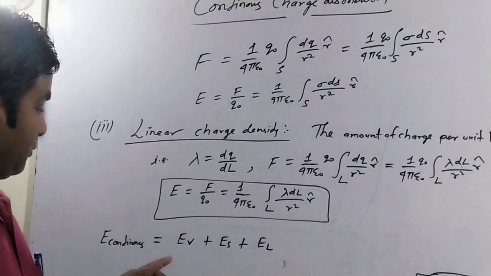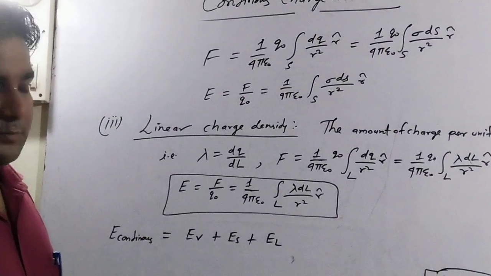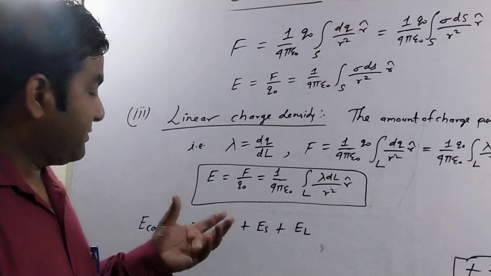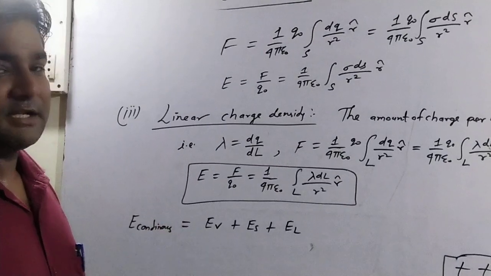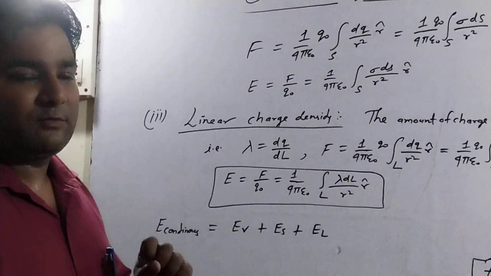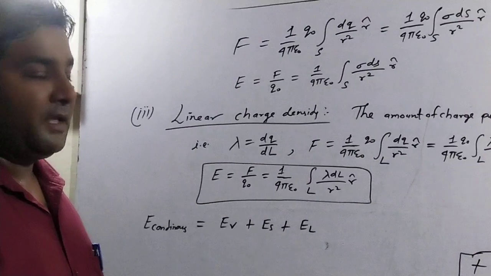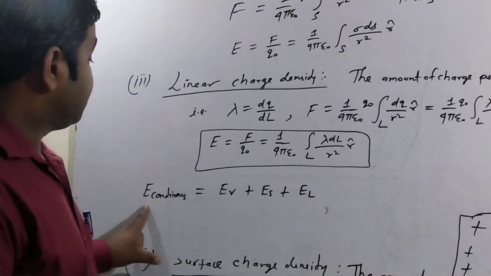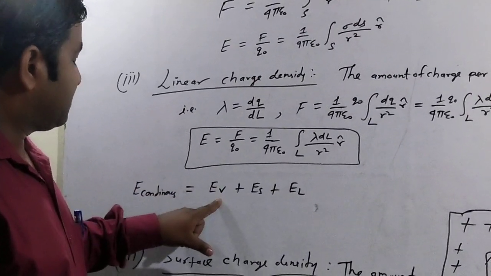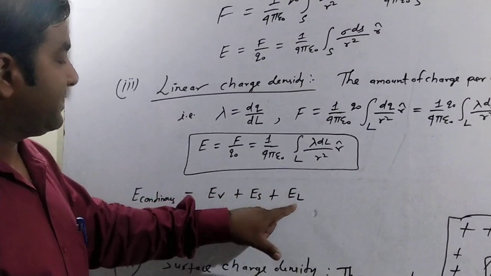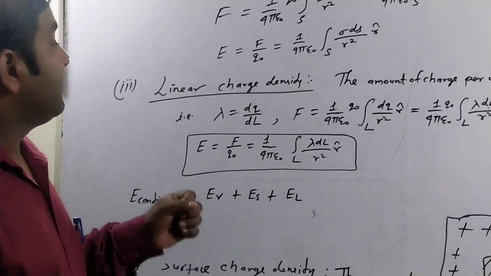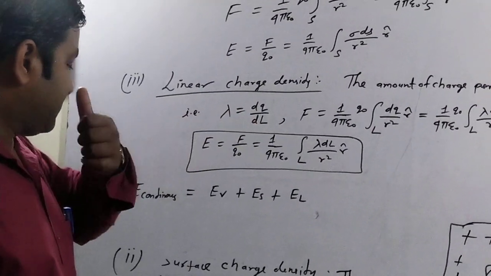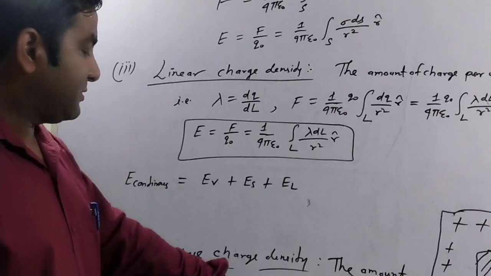And suppose you have to calculate the total force on any object having charge, either discrete or continuous, then there are two ways of calculation: first by discrete calculation and second by continuous. In case of continuous, we use volume, surface and linear charge distribution with the help of their density concept. Linear charge density is lambda, dq upon dl, and surface charge density is sigma, dq upon ds.